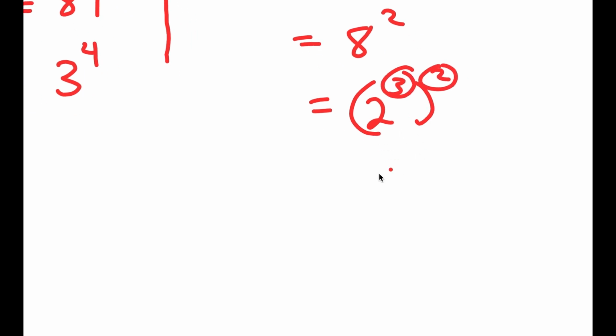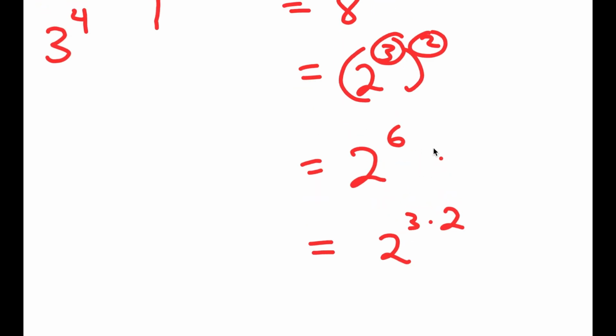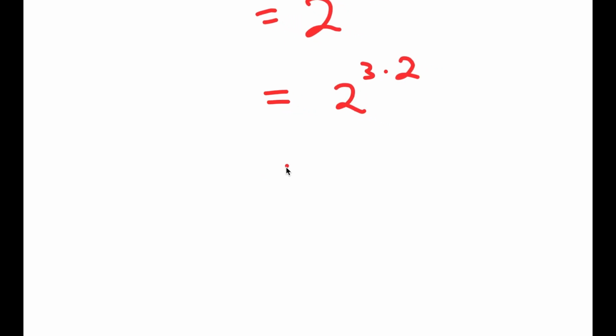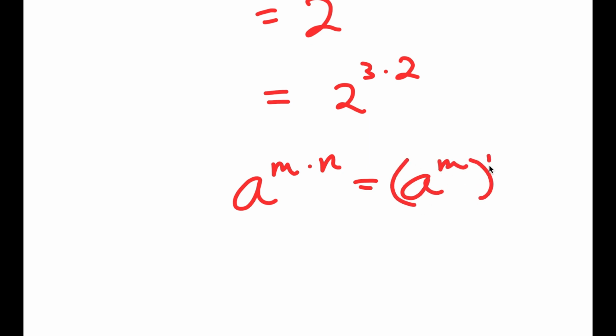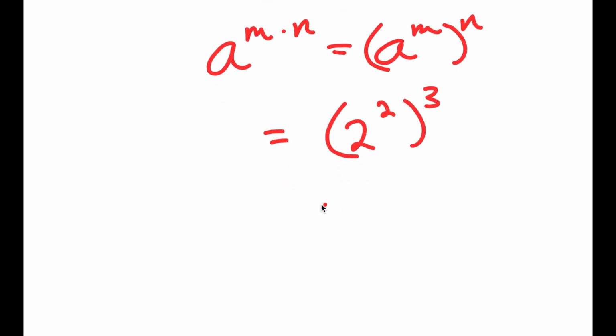So the 3 and the 2 multiply, so I get 2 to the power of 6. Now, 2 to the power of 6 is the same thing as 2 to the power of 3 times 2. And another property of exponents is that if I have something in the form a to the power of m times n, this is equal to a to the power of m to the power of n. So this is equal to 2 to the power of 2 to the power of 3, and 2 squared is 4. So this is equal to 4 to the power of 3.